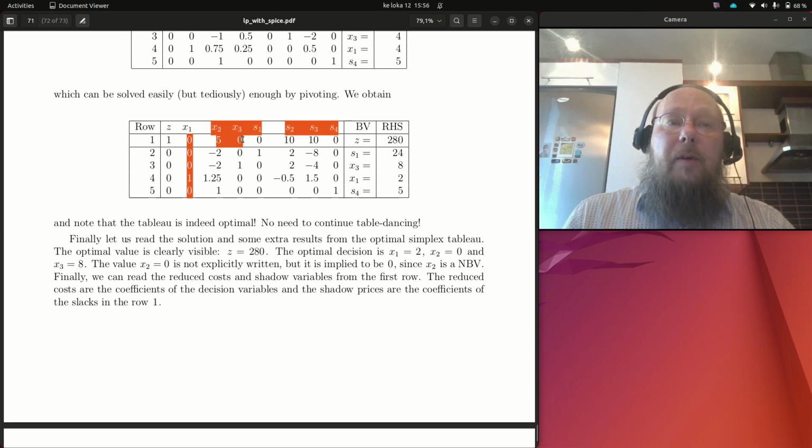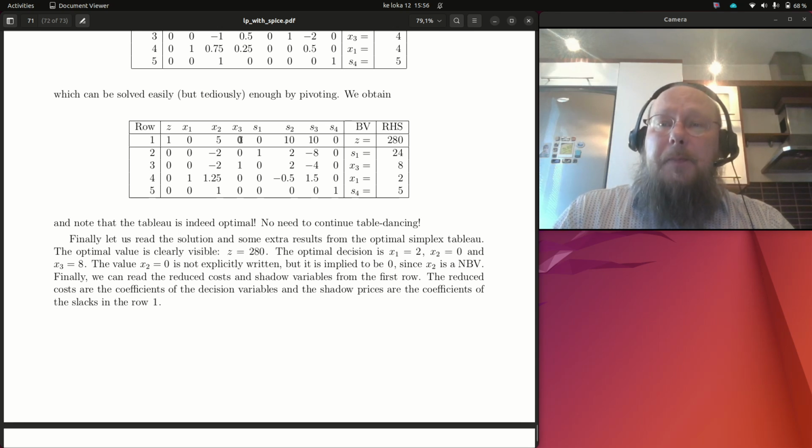So they are the coefficients here for the decision variables 0, 5, 0, and the slacks, they were related, the shadow prices or the marginal prices, they were related to slacks, so they are the coefficients of the slacks in the first row here. So in a way, the duality here is that the primal problem solutions are given here and the dual problem solutions are given here, kind of vaguely speaking.